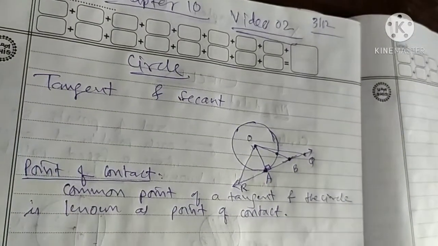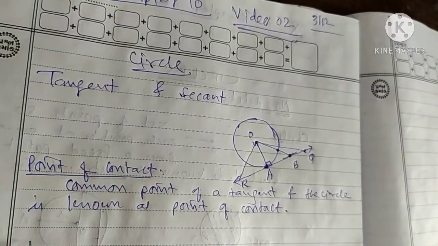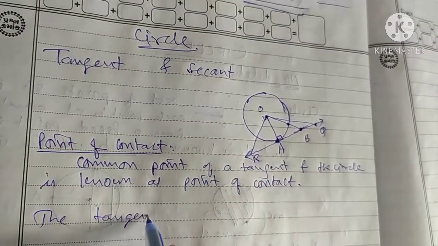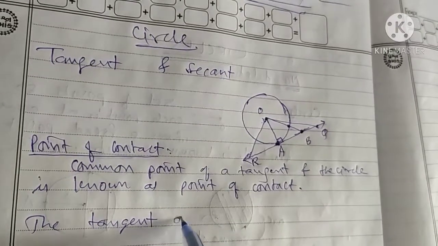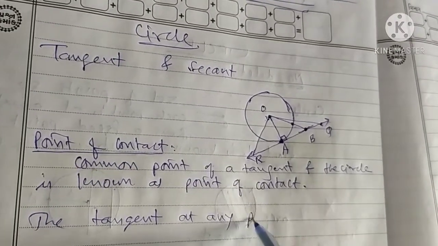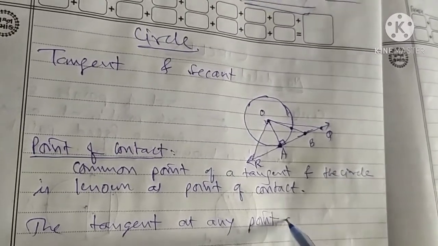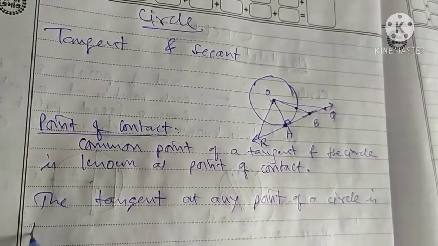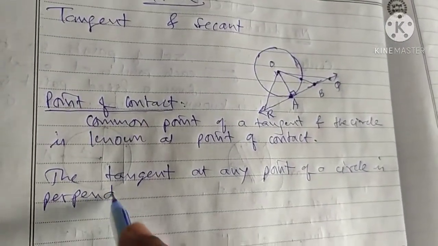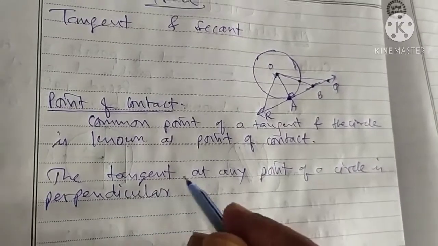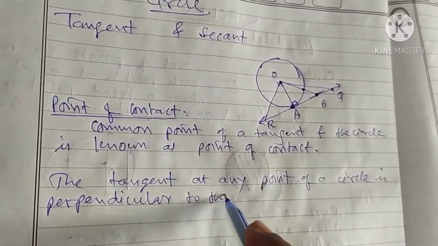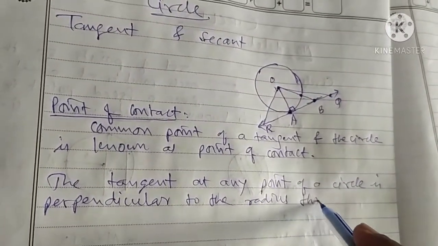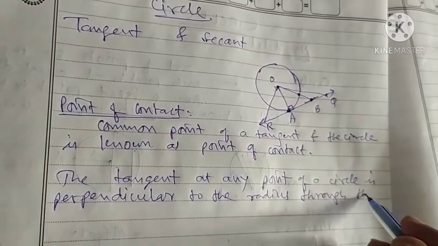So we can write, children, the tangent at any point of a circle is perpendicular to the radius through the point of contact.